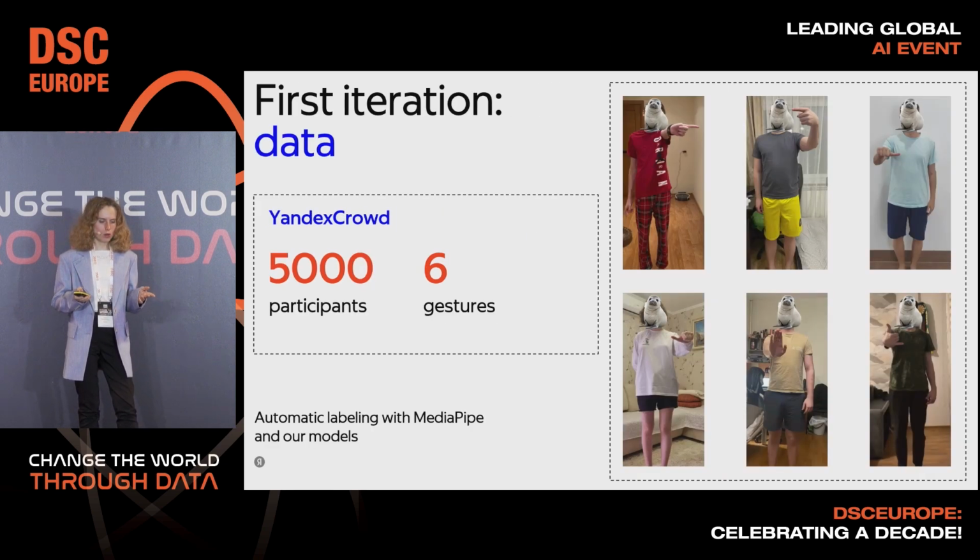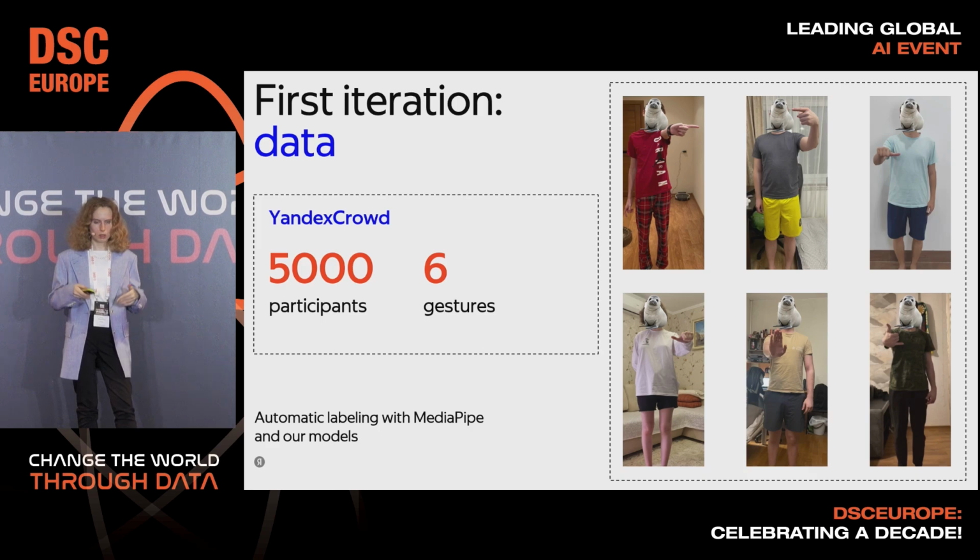So, as I said before, all the open source data had bad quality or restricted license, so we decided to collect our own data, not very many examples, but we collected this data from 5,000 participants and asked them to photograph 6 different gestures.